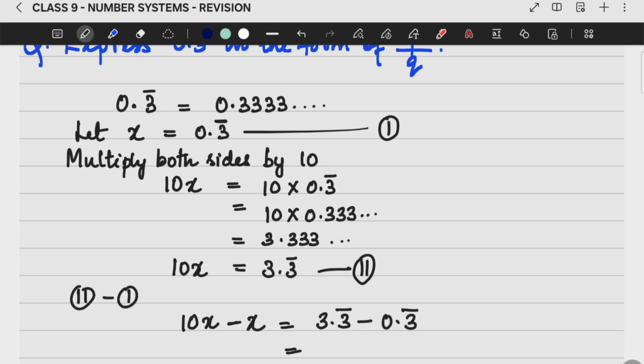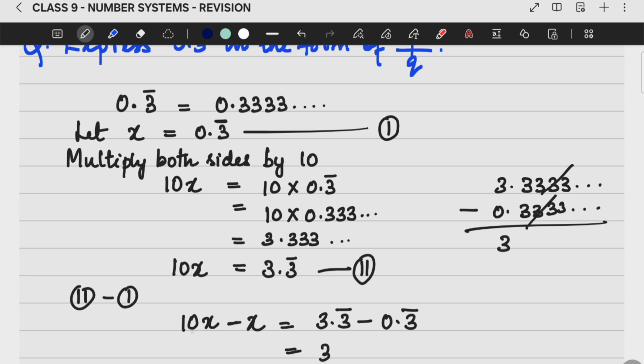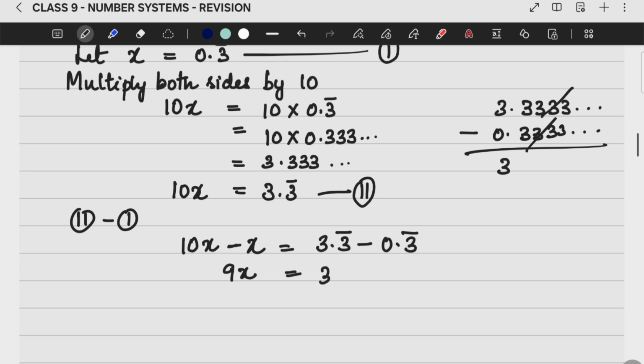Now what will be the result? 3.3 bar means 3.333 and goes on, minus 0.3 bar means 0.333. So when you're subtracting, all of this will go. The answer is just 3. 10x minus x is 9x. So 9x equal to 3 and x is nothing but 3 by 9 or 1 by 3.